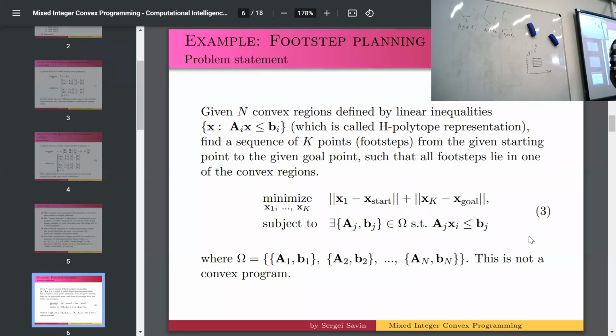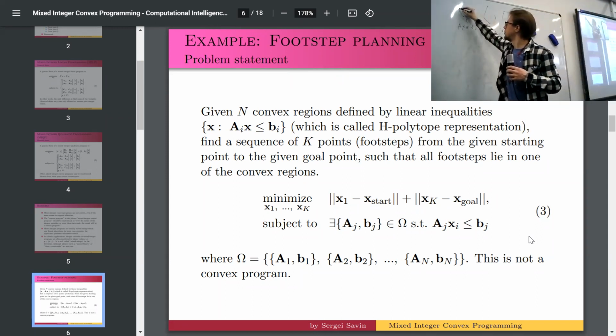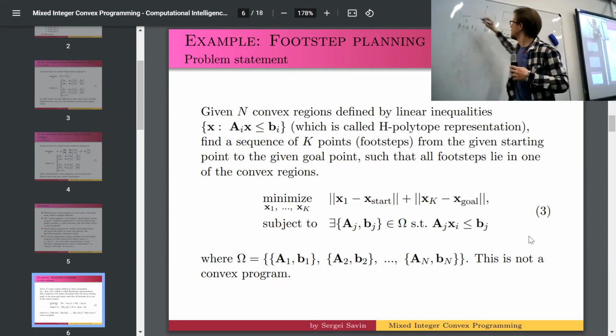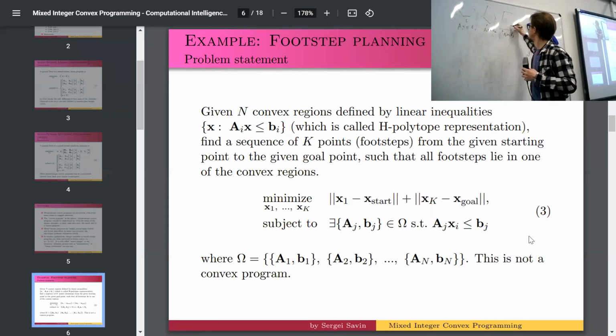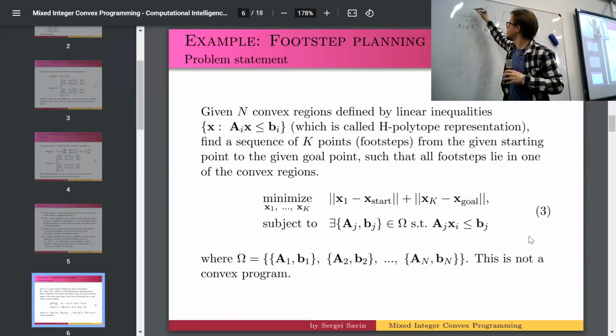And you want to find a sequence of points, we'll call them footsteps, that should lie inside one of the polytopes and lead you from start to finish. So let's say the start point is here. Let's say the goal point is here. You need to take footsteps. For example, like footstep, footstep.